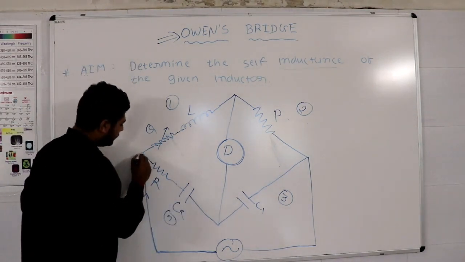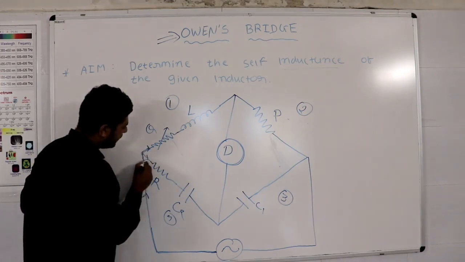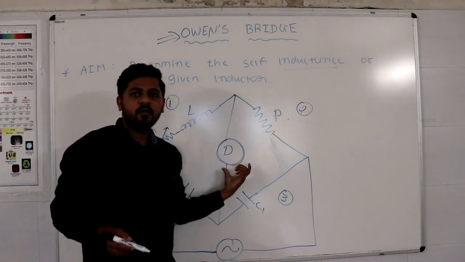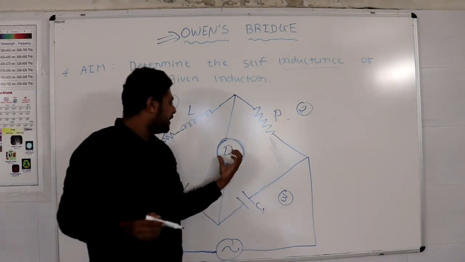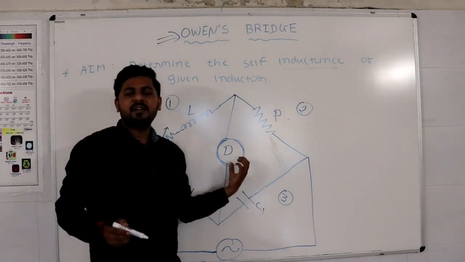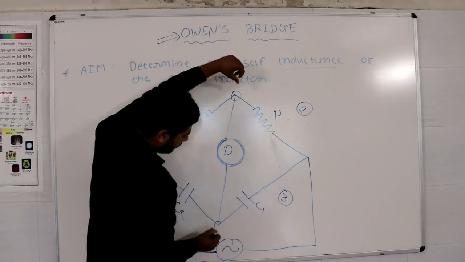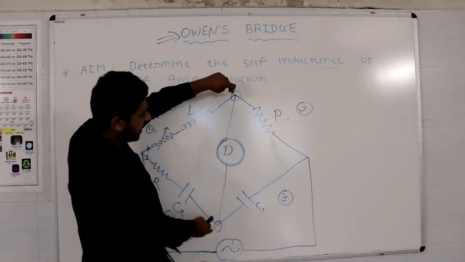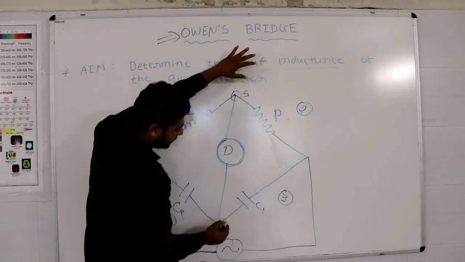Now check from here. There are 2 parts. One is here and the second one is here. Now focus on this detector. The detector detects a signal when there is a potential difference between these 2 points. Suppose here is 5 volt and here is 3 volt.